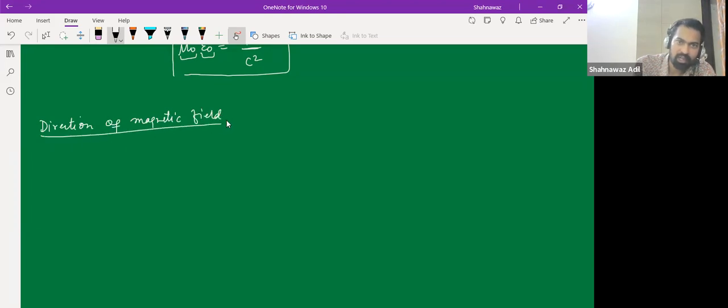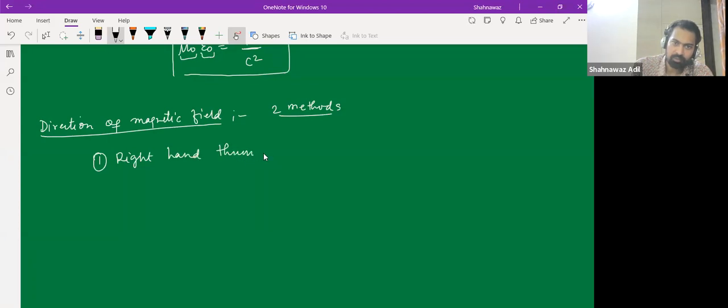There are two methods to know the direction of the magnetic field. The first method is the right hand thumb rule.